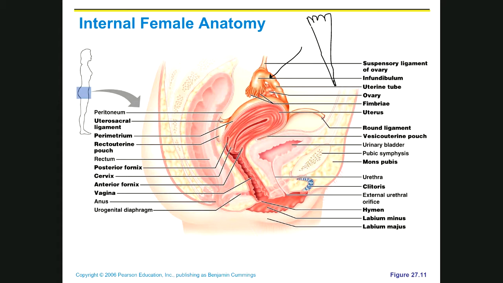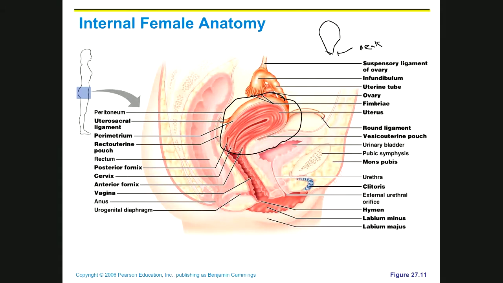And then we have a uterus, and there's only one uterus. When you look at the uterus, it looks sort of like an upside down light bulb, and it has different parts to it. But down here, it gets thinner, and it has sort of a neck. Well, if you think about what the word for neck is, it's cervical.